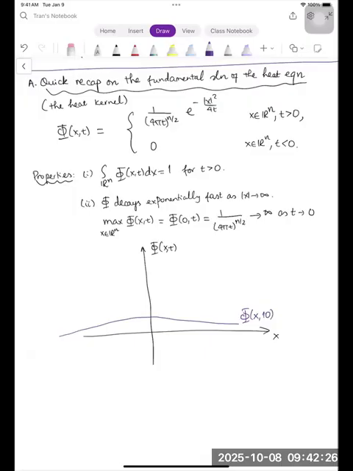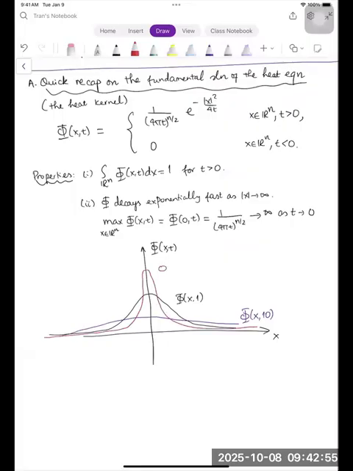However, when t gets smaller and smaller, the function is putting more mass near 0. So let's say this is phi(x, 1), and as t gets smaller, I have more and more mass being concentrated at 0.